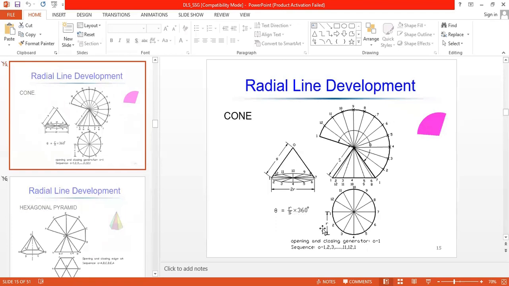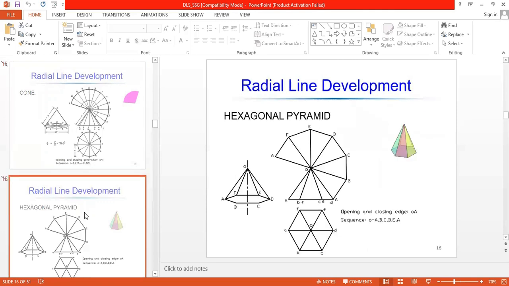Now, what is r here? r is the base radius of this cone, and S is the slant height of this cone, into 360. So we get this angle theta. In this way, divide this circle into 12 equal parts, take vertical lines, and again divide this theta into 12 equal parts. If we make 9 equal parts here, then divide this theta into 9 equal parts. This is known as the radial line method.